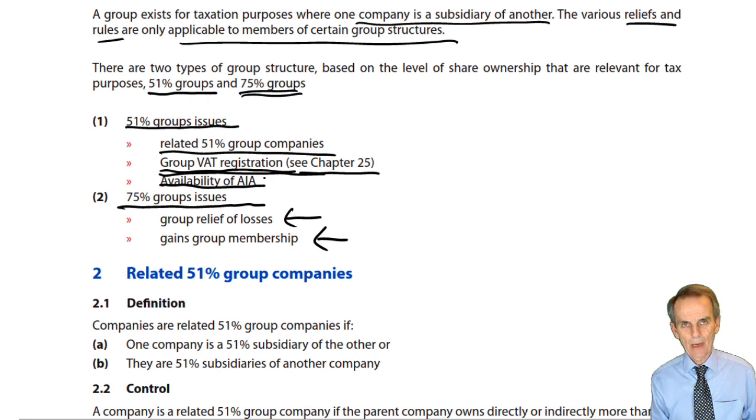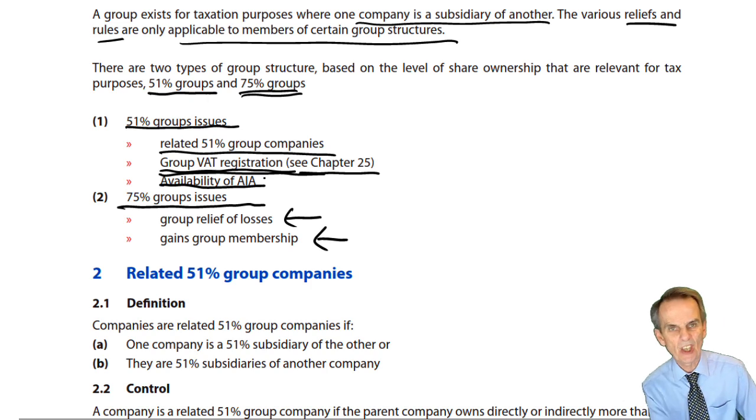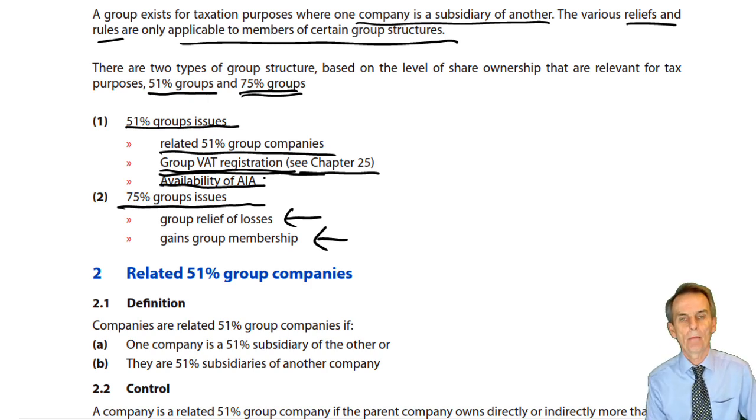In the same way as we had to divide the profit limit of 1.5 million between all of these 51% group companies, so too do we have to understand that only one lot of AIA is available, so £1 million in total, to be shared amongst the members of the 51% group.